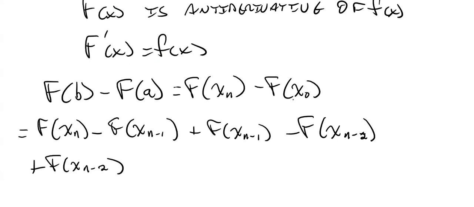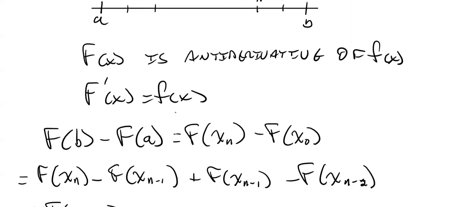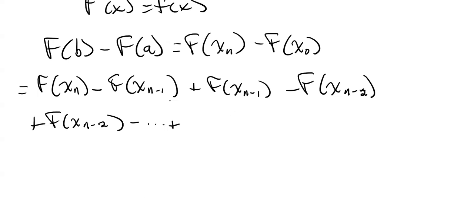So I added 0 here, I added 0 here, and I'm going to keep going on and on until I get to the other end of the interval here. I'm going down x2, x1 to x0. So the last interval, if you notice, is from x0 to x1. And so I'm going to write F of x of 1 minus F of x of 0.